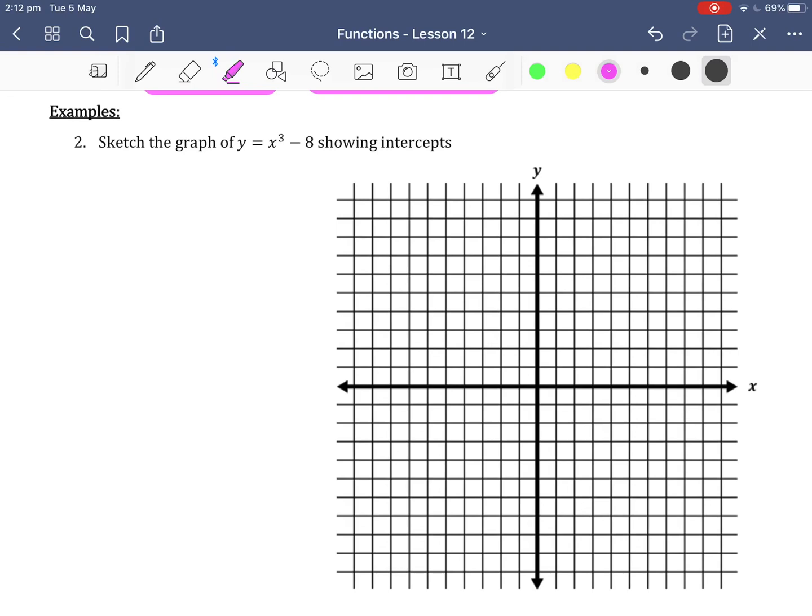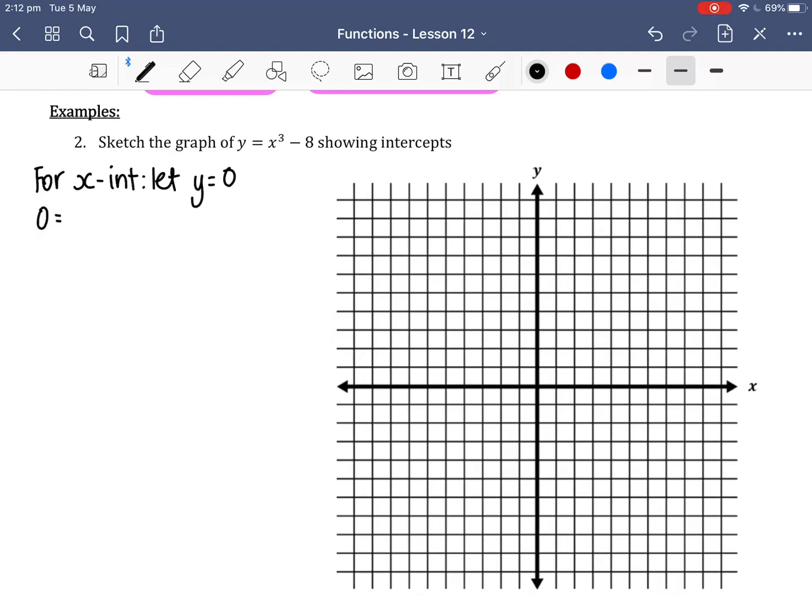We want to sketch the graph of y equals x cubed minus 8 showing intercepts. Now for this one, we want to show intercepts, so we're not going to be too worried about where all our points are. We're just going to sketch it showing our intercepts. So you could do a table of values, but you can also find out where your x-intercepts and your y-intercept occurs. So for our x-intercept, we let our y equal 0.